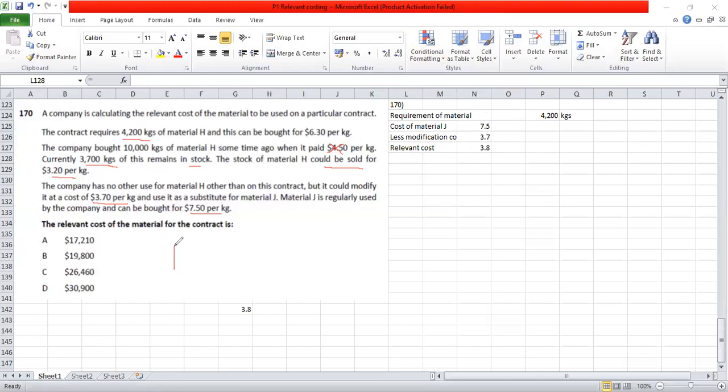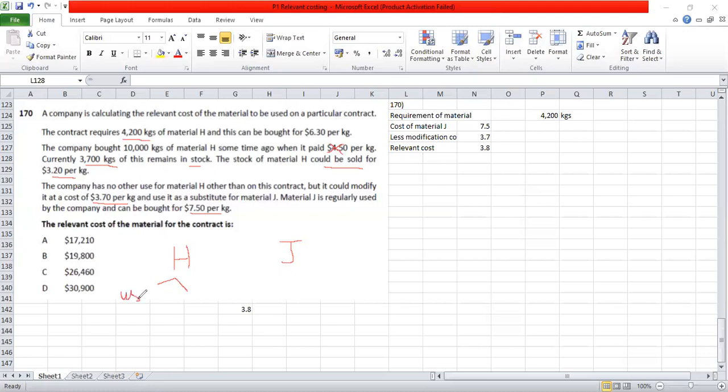So there are two options available as of now with them. One option is they have material H already available on hand, and another option is they can buy material J, and the relevant cost of material J is 3.8. Now, if material H has to be used, because already 3,700 kgs of material H is available, there are two different alternatives for H. Either they use this material for this particular contract, or they sell it.